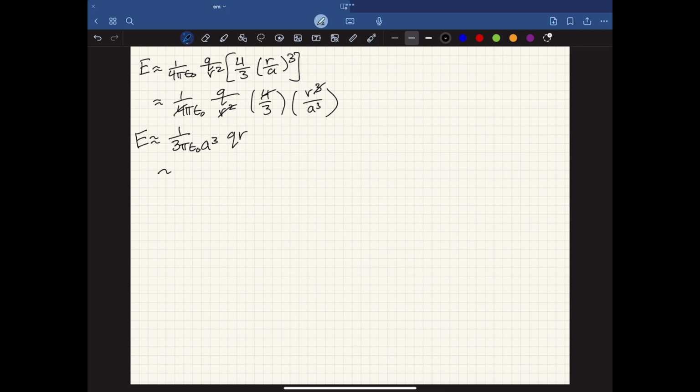A reminder from earlier, the equation for dipole moment is p equals q d, where d is the separation between the nucleus and the electron cloud, and in our case, d equals r. We can make that substitution.